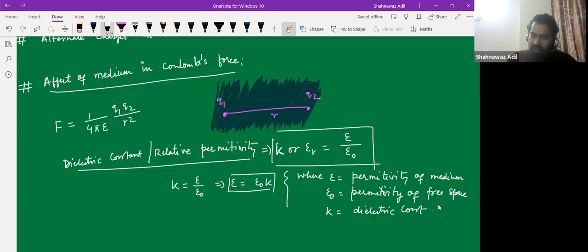This K is always greater than or equal to 1.